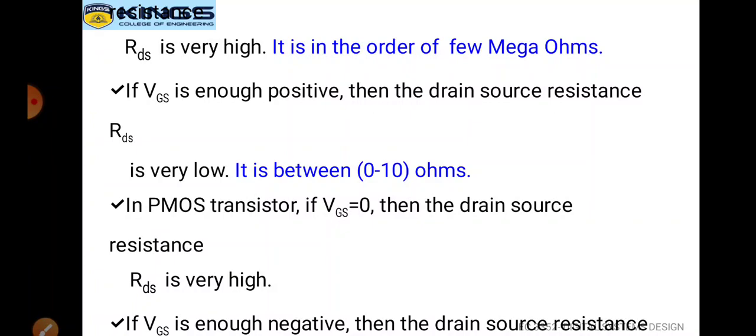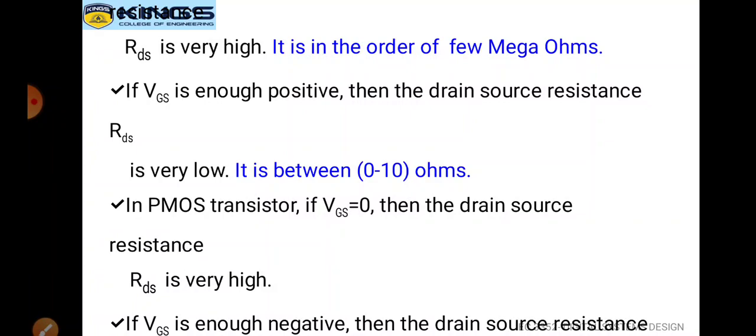In PMOS transistor, if VGS value is equal to 0, then the drain source resistance value is high. In PMOS transistor also, when the value of VGS is 0, the drain source resistance value is high. When the value of VGS is enough negative, the drain source resistance value becomes low. Why is it enough negative here? Because the PMOS transistor will conduct only when the voltage is low.